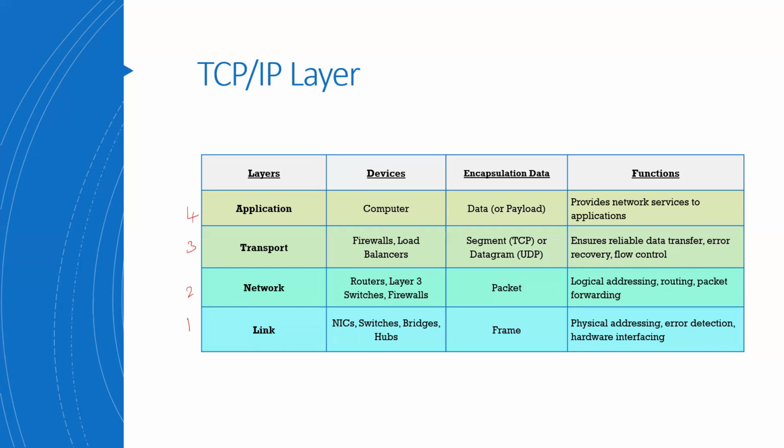For routing, IP addresses are added to packets at the internet layer to route them across the networks. For transmission, packets are transmitted across physical network links at the link layer. And for delivery, at the receiving end, packets are decapsulated and data is delivered to the appropriate application. This ensures reliable and efficient communication between devices.